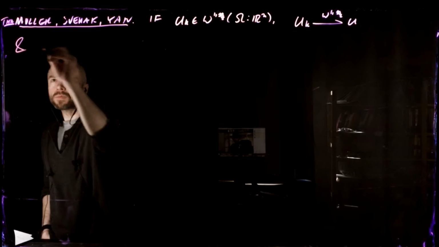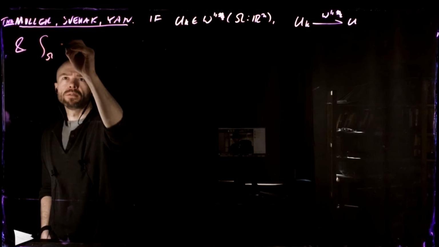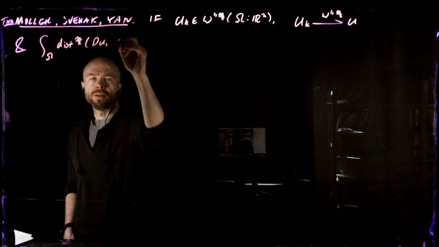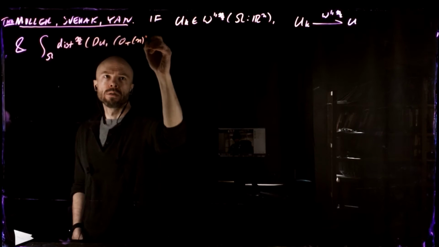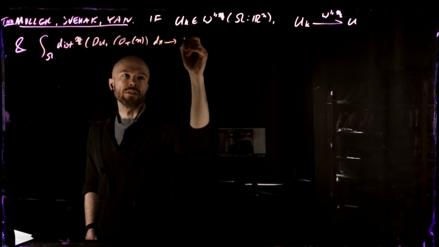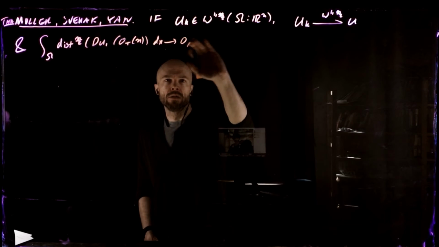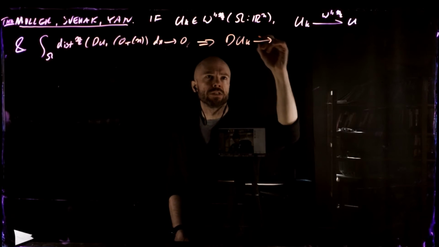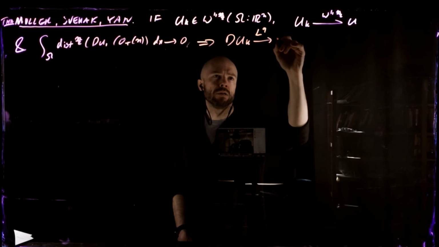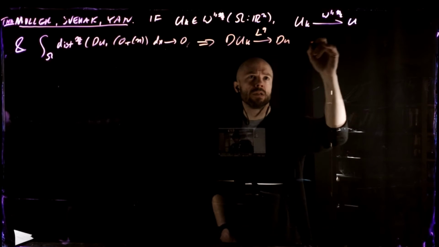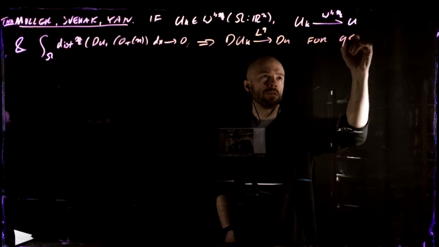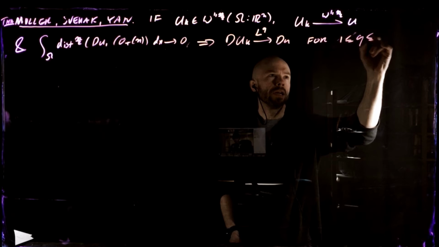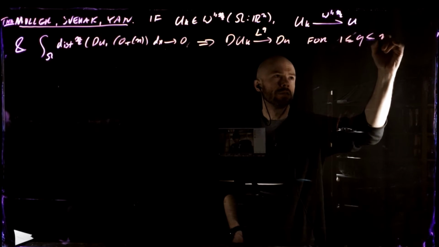And we have that the integral of the distance to the power n over 2 of the gradient away from conformal matrices is tending to 0, then this implies that the gradient is actually converging strongly in L^q to the gradient of this limiting function for q between 1 and strictly less than n over 2.